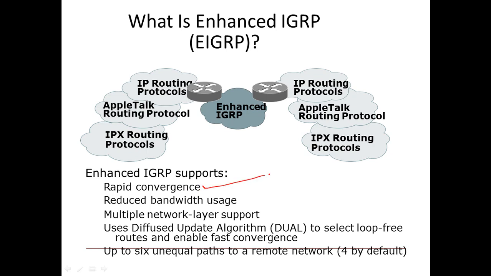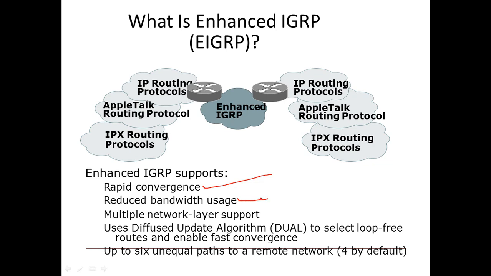In the last class in which we discussed RIP and OSPF, you learned that there was a limitation or bottleneck, that was slow convergence. So it provides very fast convergence, and it can also reduce the bandwidth usage actually. So you have maximum efficiency for the bandwidth utilization, you can say.